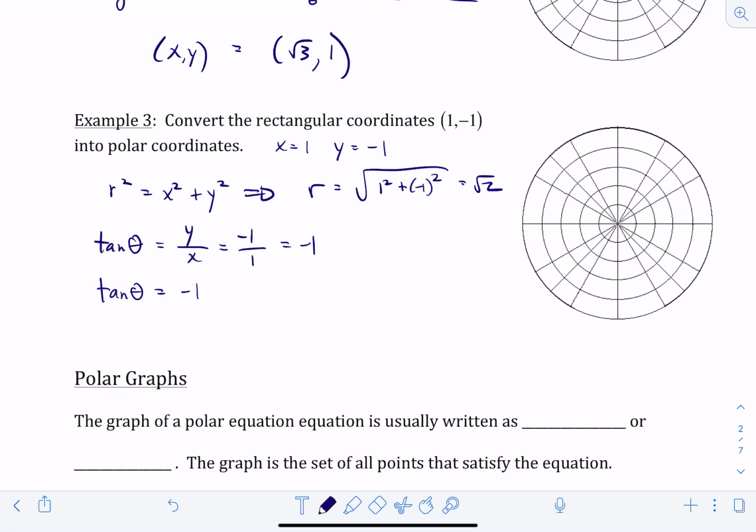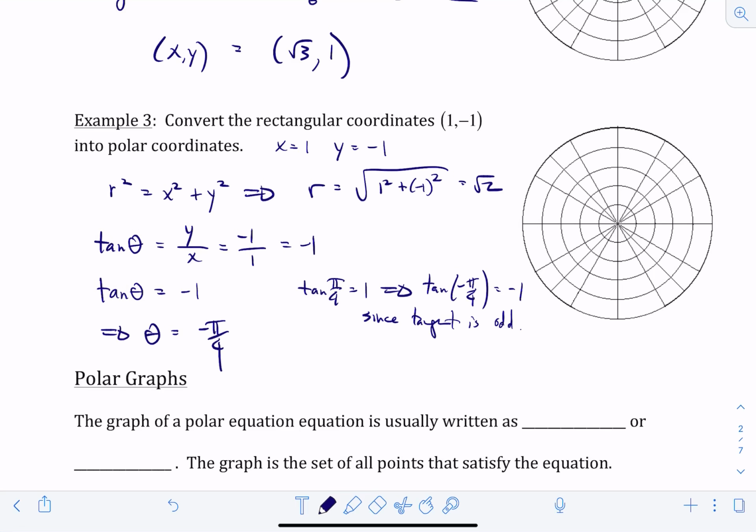So what angle is that going to be? Well, I know that tangent of pi over 4 is equal to 1. And we know that tangent is odd. That means that tangent of negative pi over 4 is equal to negative 1 because tangent is odd. Okay. So what this tells me is that my angle theta is equal to negative pi over 4.